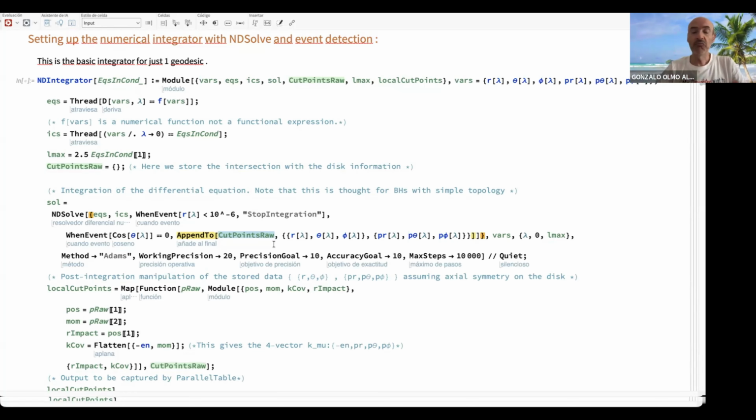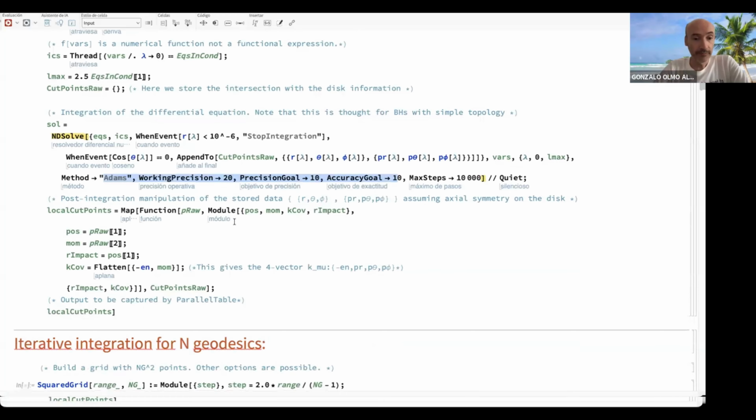Now we don't really care about that, so we just store intersection points, and we don't care about labeling them as the first, second, or third, or higher. This code doesn't care about that, okay? Because we want an inclined perspective, so it is completely irrelevant to know if the intersection is 1, 2, or not. The other parts of the code are standard, the same as before.